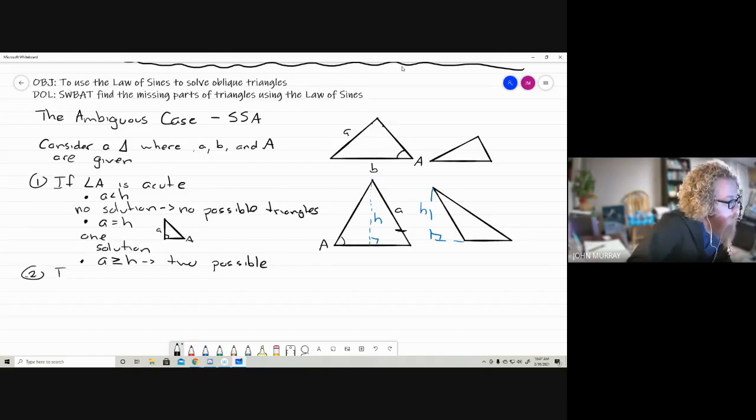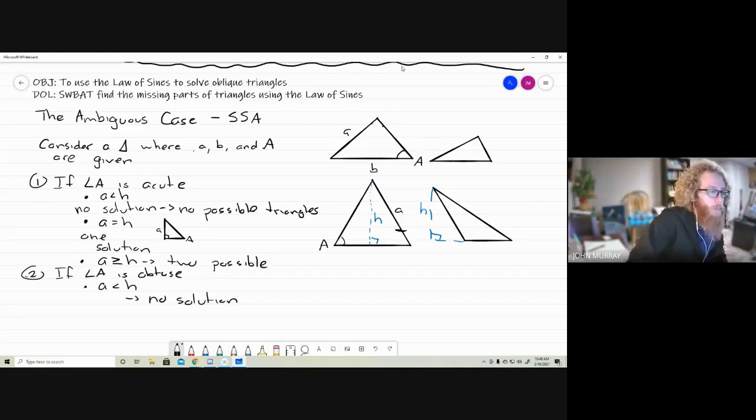Then if A is obtuse, again, A less than h gives us no solution. We'd end up with a similar situation. So if I have an obtuse angle here, this would be my angle A, and this would be my h here.